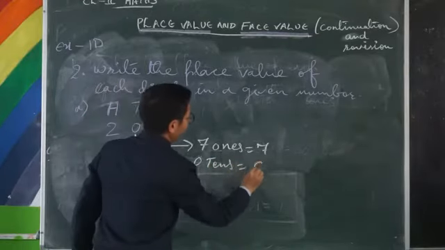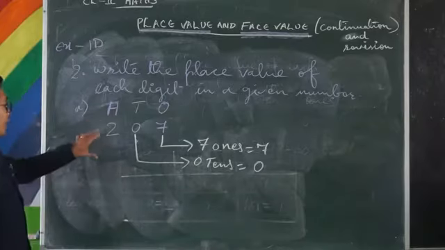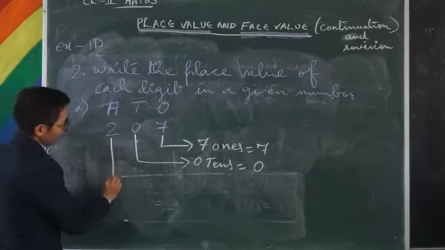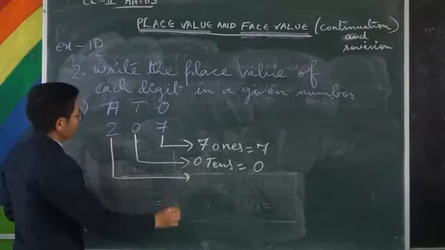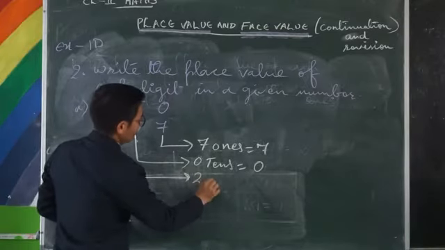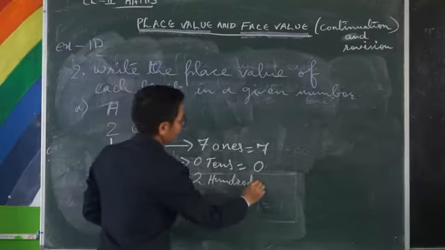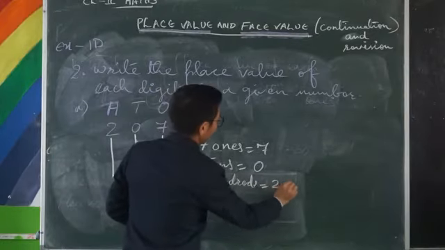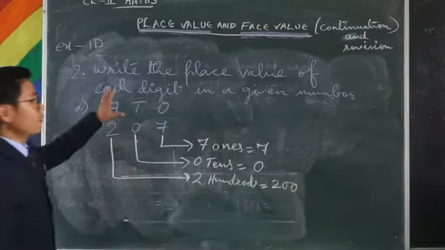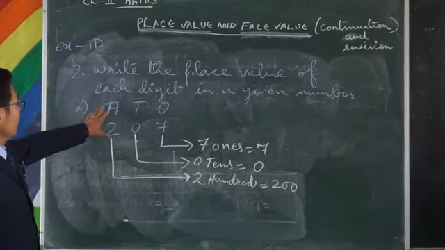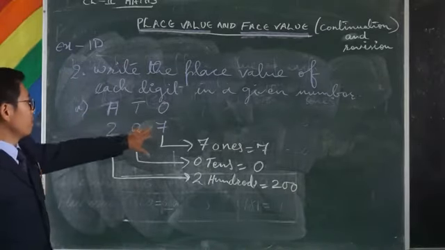That means it will be 0 only. Now 2 is in hundreds position. So 2 hundreds. It is 200.